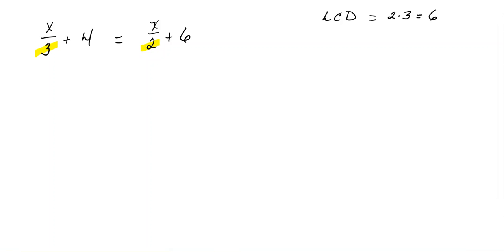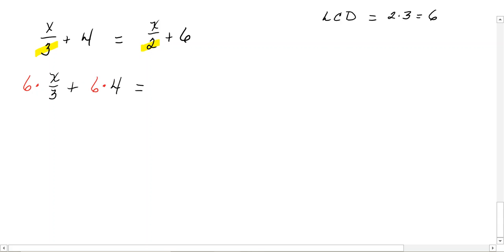So I'm going to multiply 6 times x over 3 plus 6 times 4 equals 6 times x over 2 plus 6 times 6.